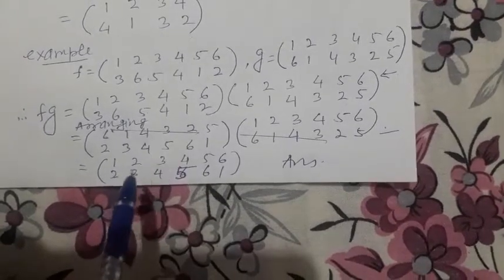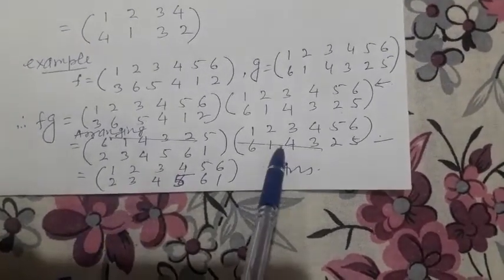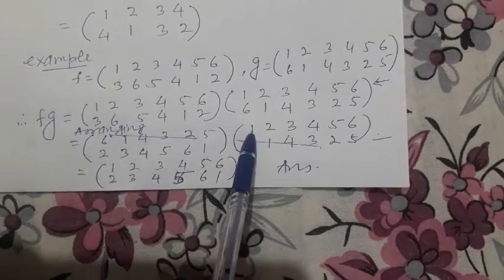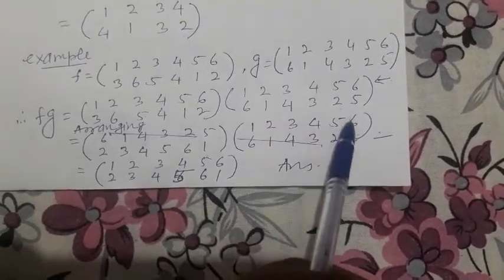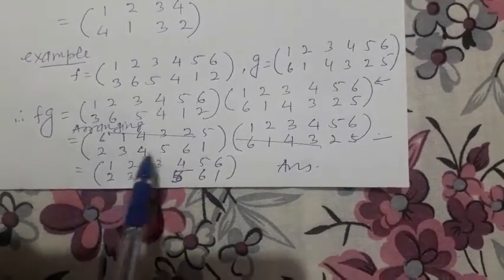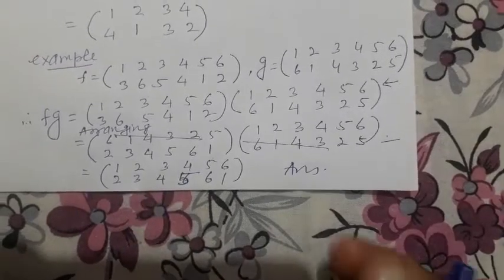Then we write images according to that. Then these are the same, so we write 1, 2, 3, 4, 5, 6 and 2, 3, 4, 5, 6, 1. This is the exact method.